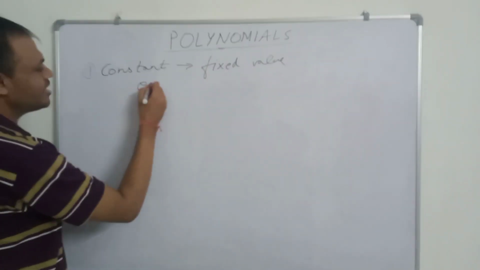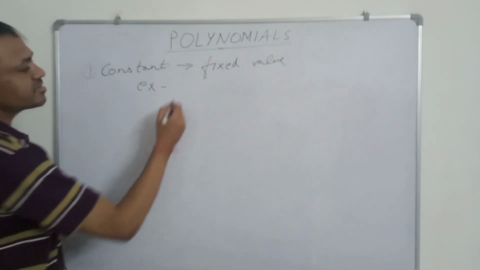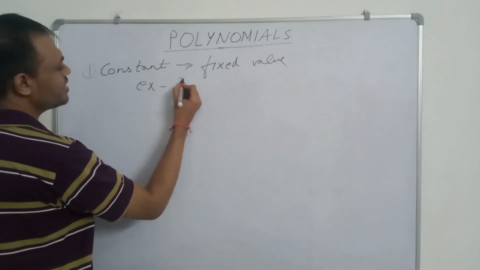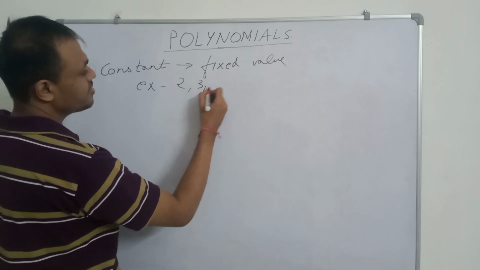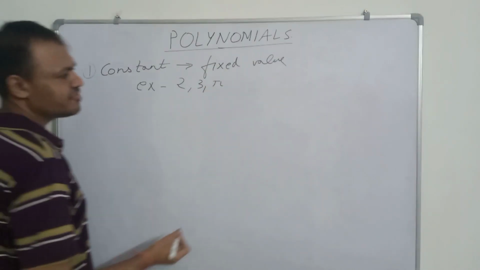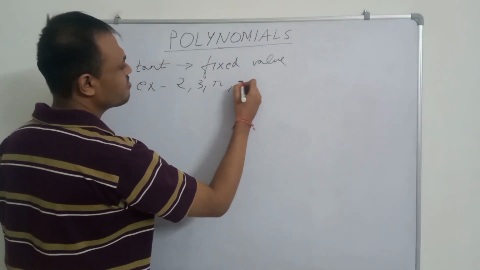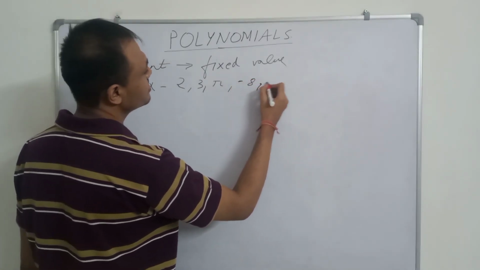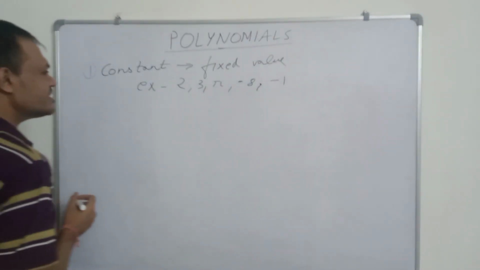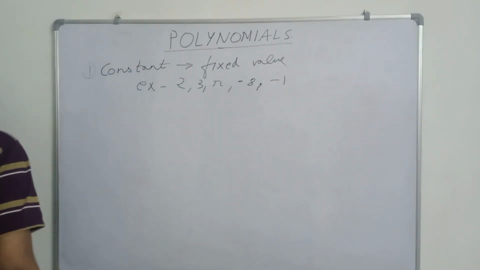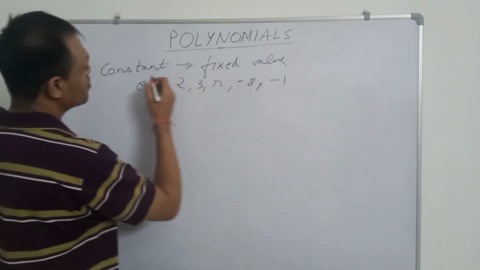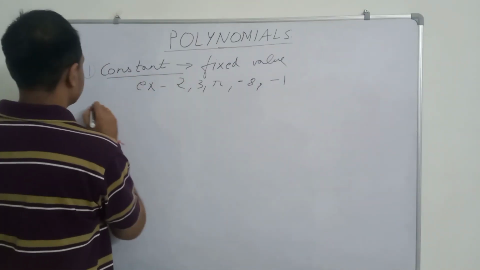For example, 2, the value of 2 is always 2. 3, pi, the value of pi is always fixed. -8, -1, the value of these are always fixed. So these are called constants.